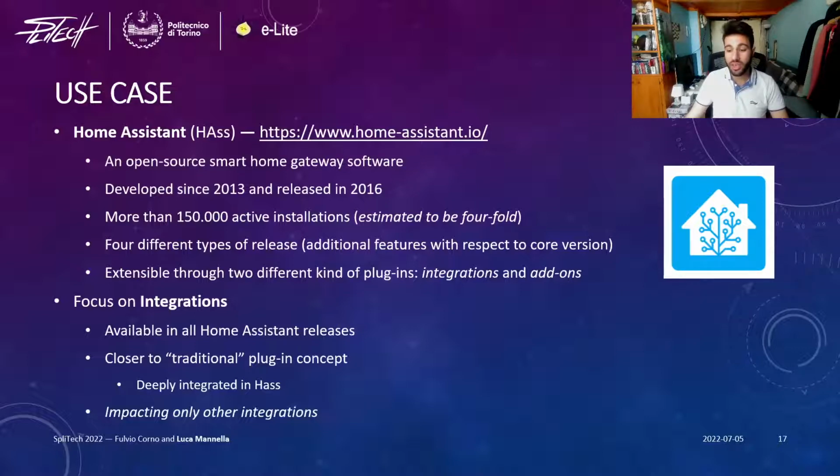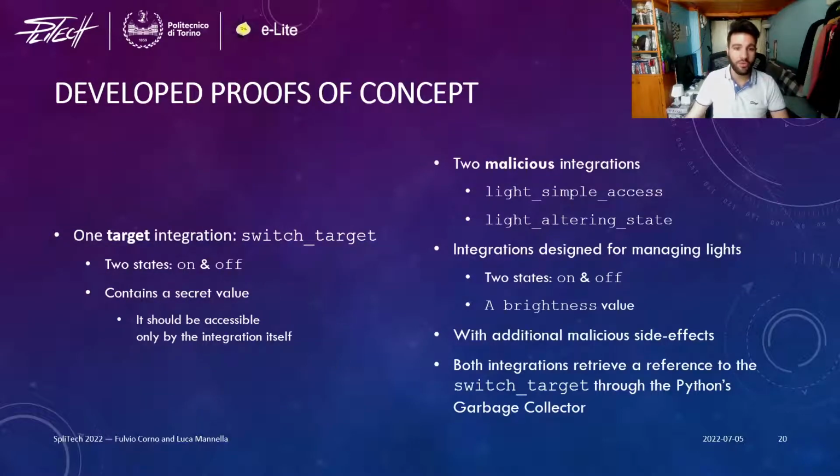Among the previously presented attack targets, for reasons of simplicity, the presented proofs of concept attack only other integrations. So from one side, we have one target integration called switch target that has 2 states, on and off, and contains a secret value that should be accessible only by the integration itself. On the other side, we have 2 malicious integrations designed for managing lights.